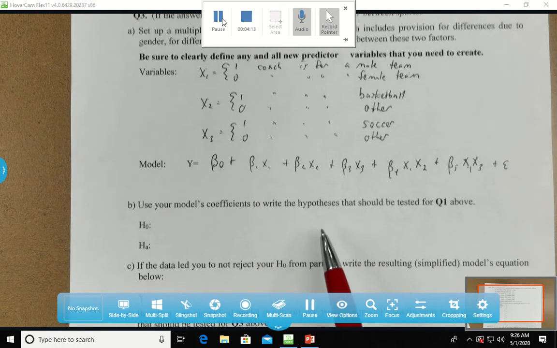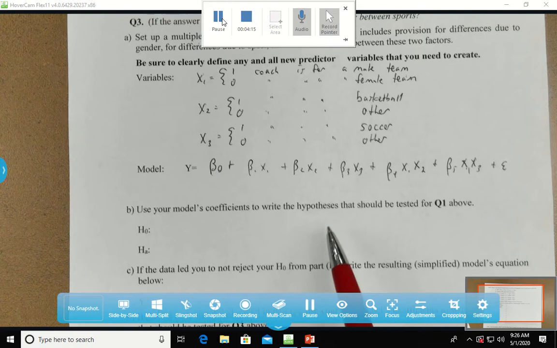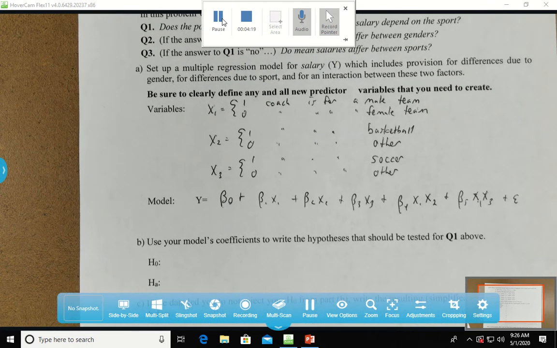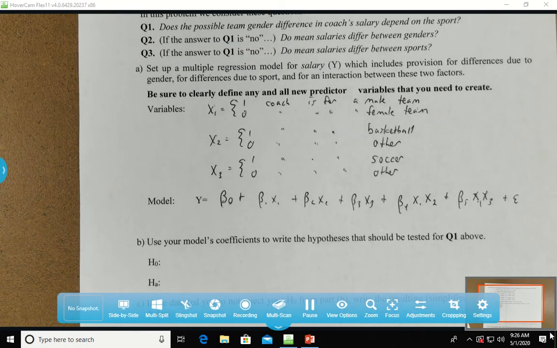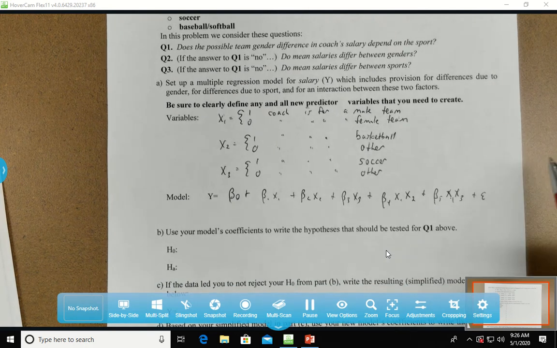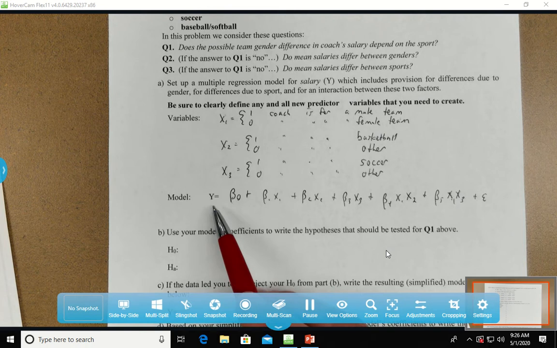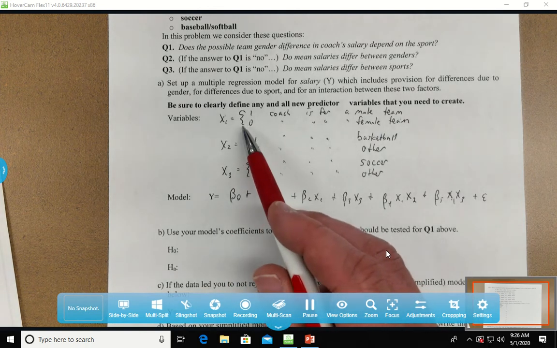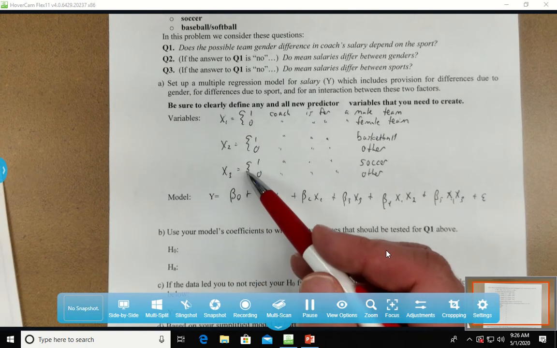So let's write the hypothesis that should be tested for question 1. Question 1 asks, does the team gender difference in coach's salary depend on the sport? Salary is my y, gender is x1, and the sport is x2, x3.